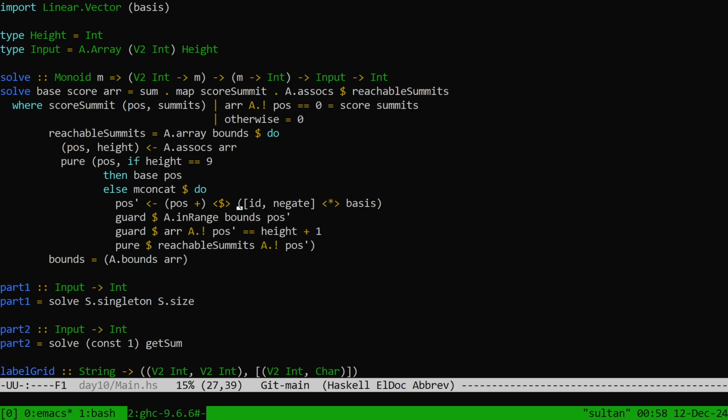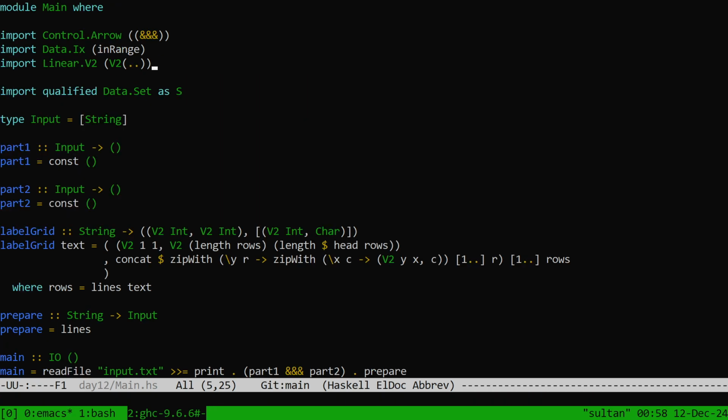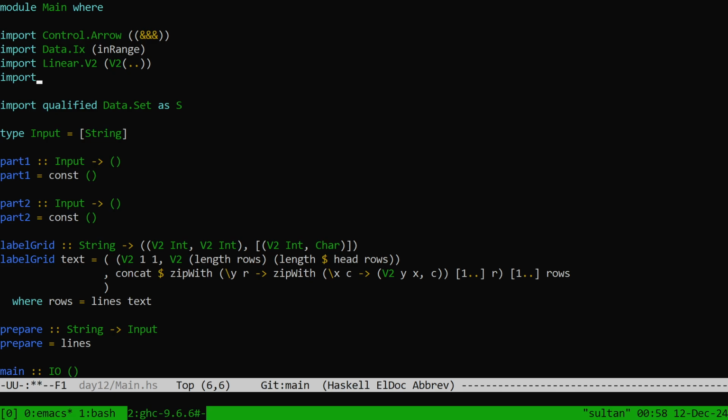It does seem like a nice function. So, I'm in the wrong file. Okay, so let's import Linear.Vector and Linear.Basis as well.